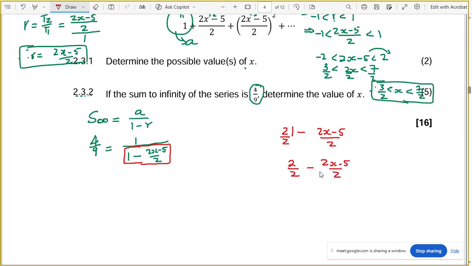So now, when you have something like this, you can write this as one fraction. Then you're going to say 2 minus the top part, so this will be 2x minus 5. Then you're going to add the 2 terms.